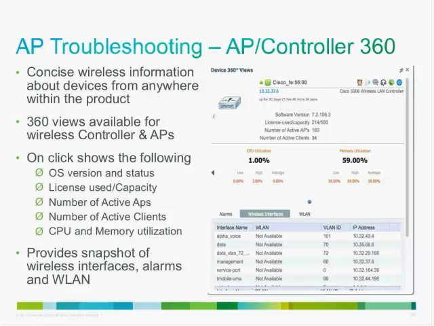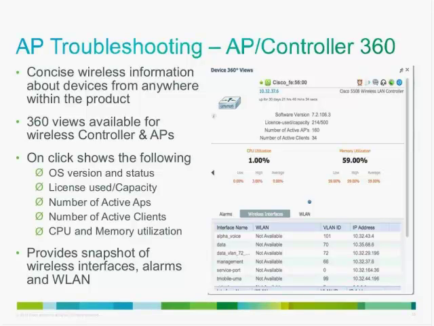With the AP 360 or the controller, you can see a lot of different things that can quickly help you. First of all, what version of software am I running on this? Is it really consistent with the other controllers that I've deployed? Is it because of this version of the application or the controller that I'm seeing this issue? How many active APs do I have connected to this controller? How many active clients are registered to this controller via the AP?